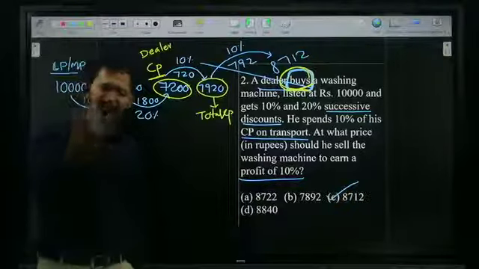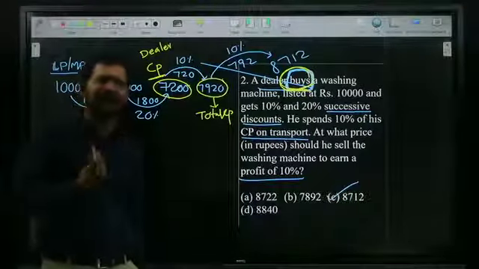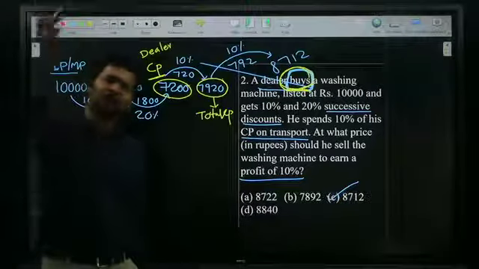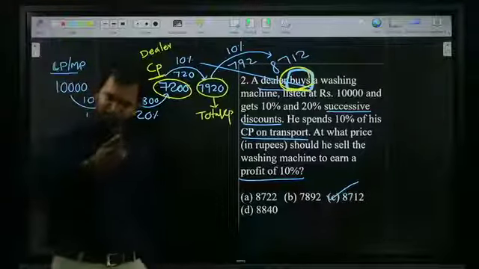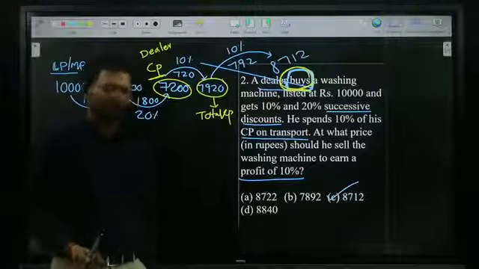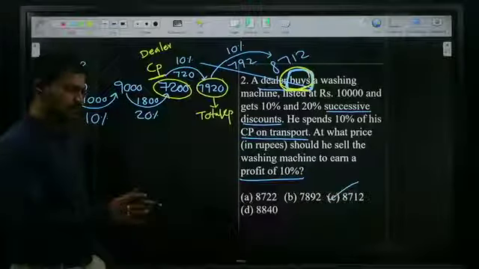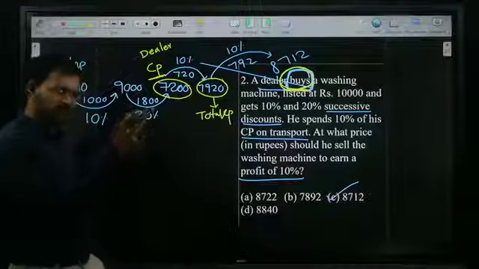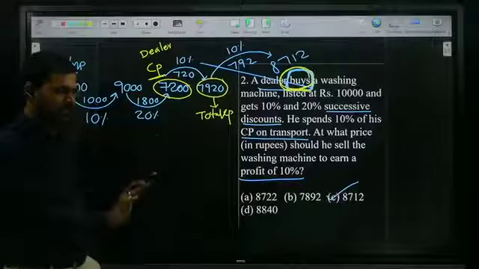But here I am buying after discount. For the wholesale dealer that is SP, but for me that is CP only. Try to understand after going home, and see my previous class. Then you can get the idea.